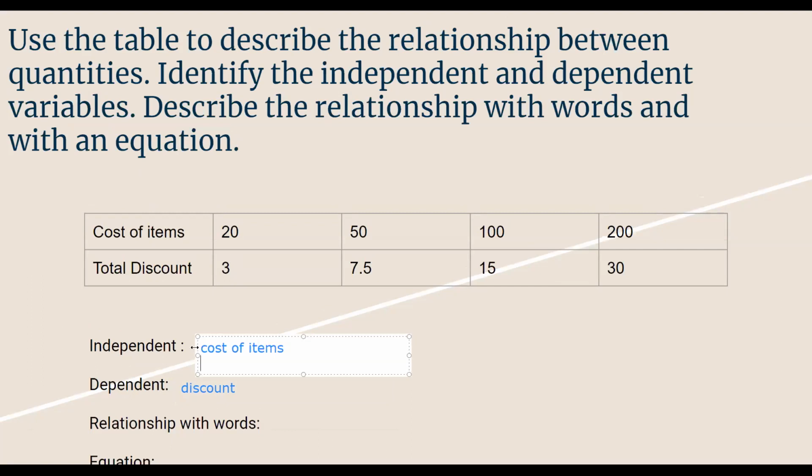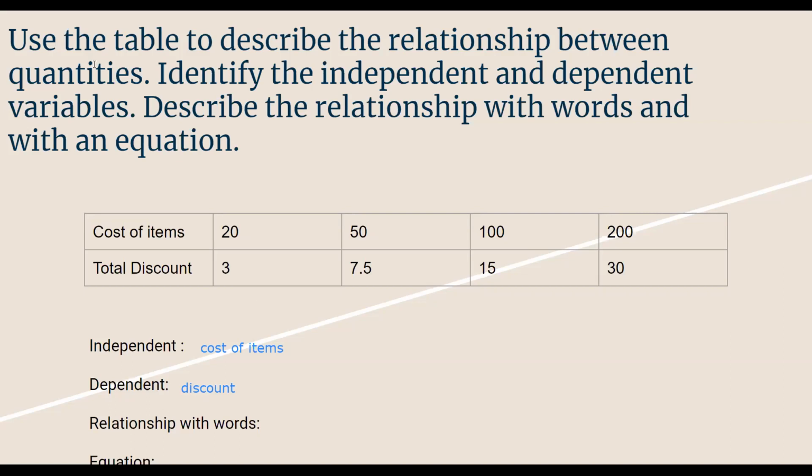So before I figure anything else out, because I can't do an equation without figuring out what the relationship is, remember in the video yesterday, I mentioned that there can kind of be 2 ways that you can find the relationship.